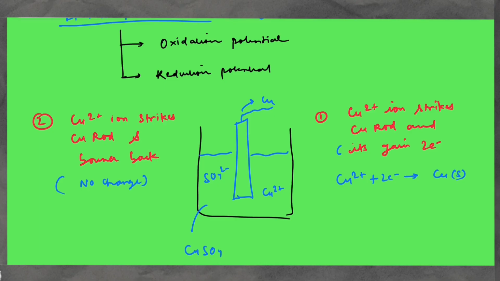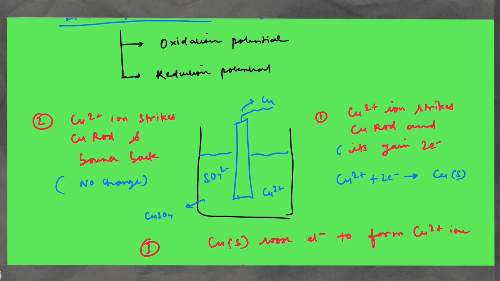Now there is also a third possibility, which is copper solid loses electron to form copper 2 plus ion.